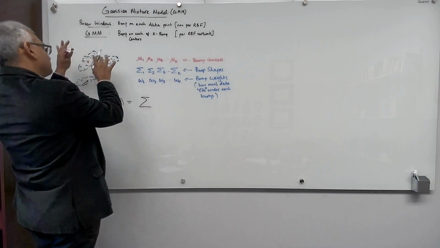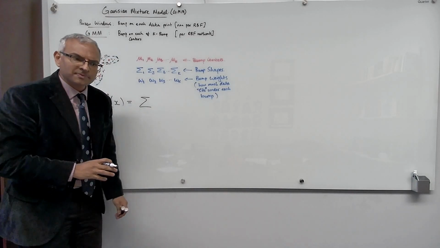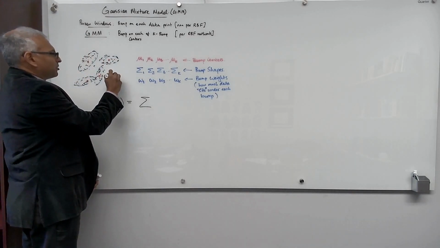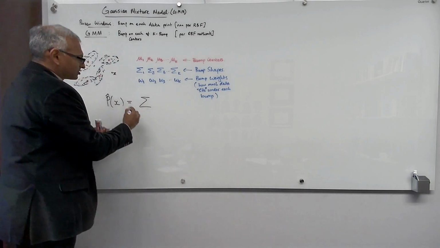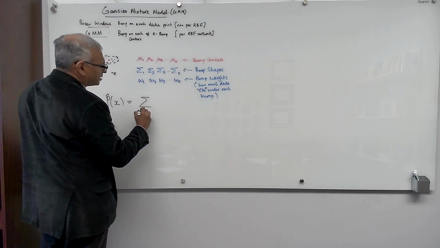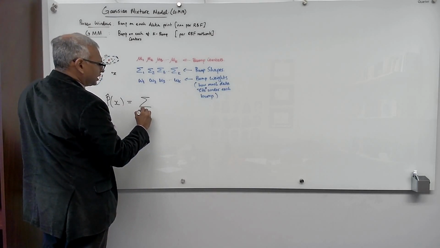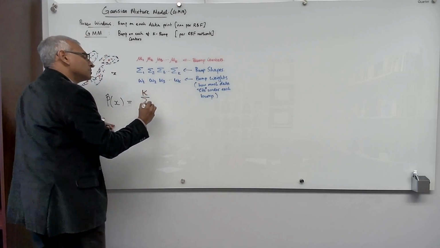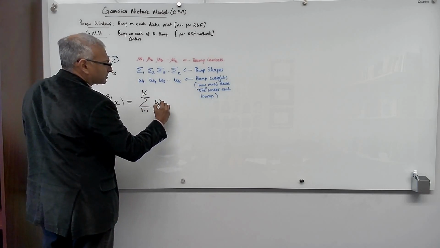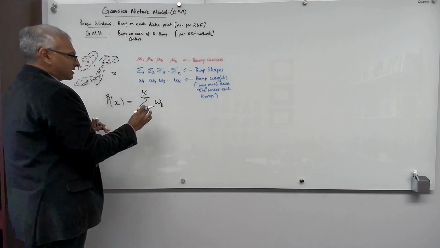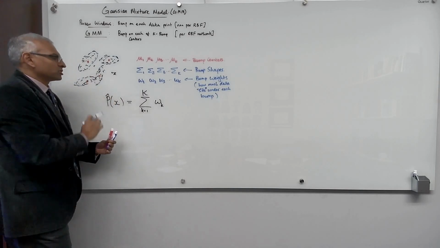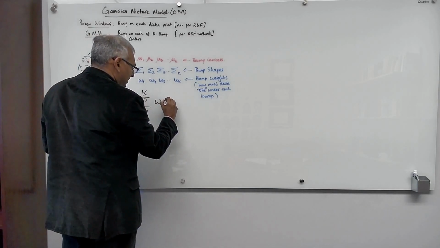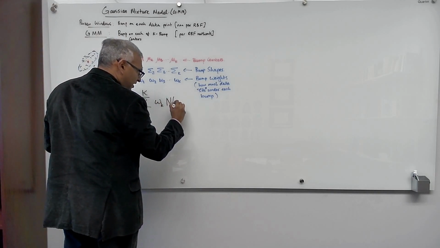p hat of x is going to equal the sum over all our bumps. You place the bump over each center, and if you're at some other random point x, you take the contribution from each bump and add. So it's the sum from little k equals 1 to big K of the weight of the bump, WK, times the formula for the bump, the probability density that corresponds to the bump. We'll call that n of x.